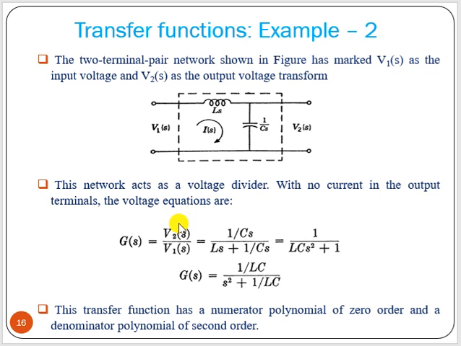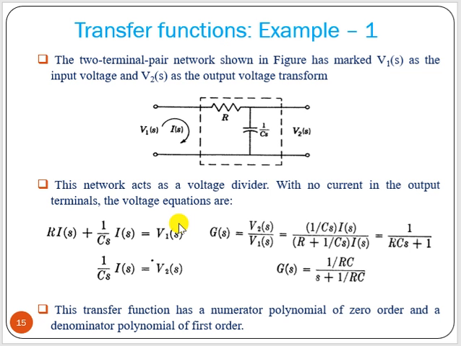Let us take an example of a transfer function. Say this is the circuit with R and C. You are applying a voltage source V1, and across the capacitor you measure the voltage V2. The current flowing through it is I1(s).